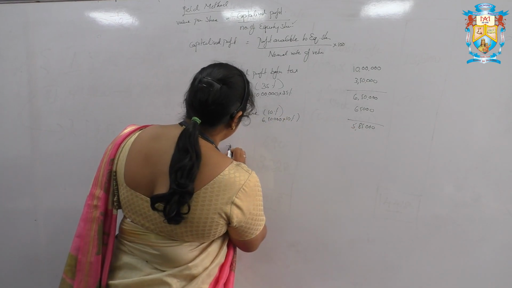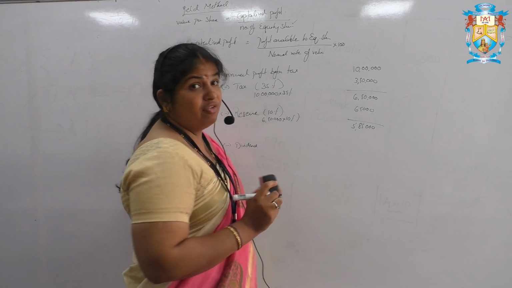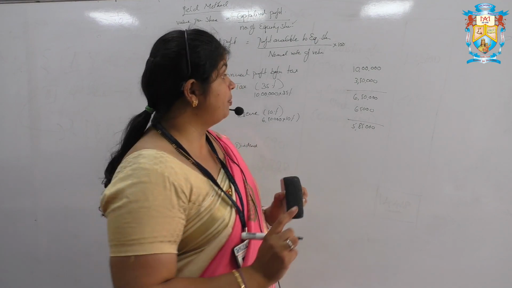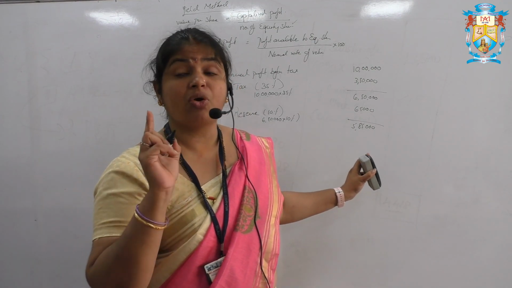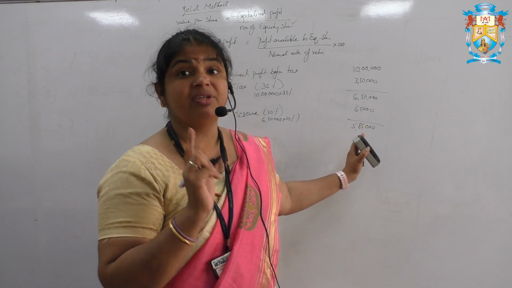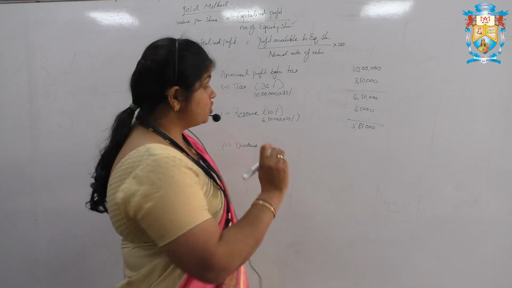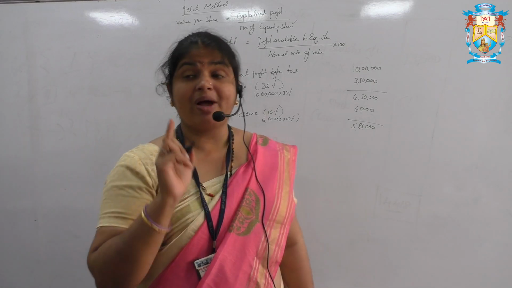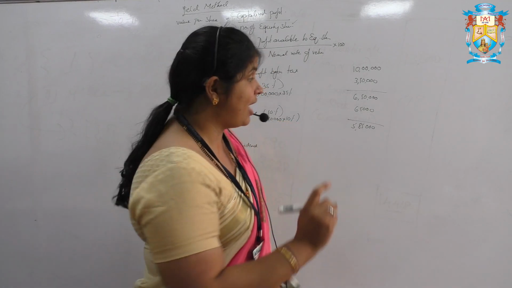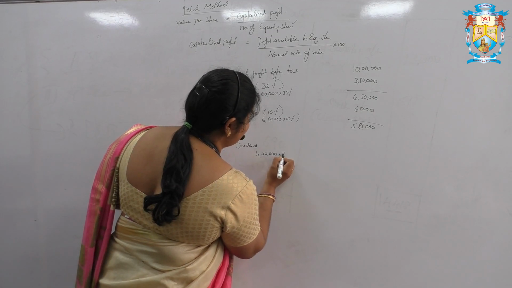Next, you have to give the dividend to the preference shareholder. If information of preference shareholder is given in the problem, you have to give the dividend to the preference shareholder. One thing to remember, you are not going to give a dividend by looking at the profit. You have to give the dividend by looking at the shares purchased by the preference shareholder. Here 40,000 shares are purchased, value of one share is 10 rupees. So total value of preference share is 4 lakh rupees. Percentage of dividend is 7%.